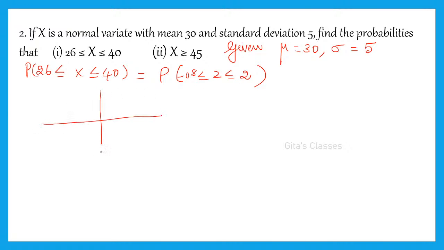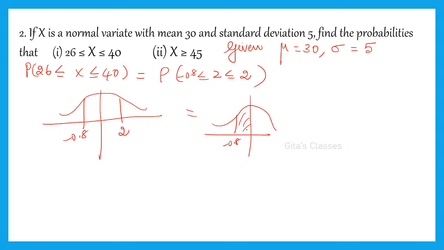So you have to draw the region like this. Minus means on the left hand side, right hand side is 2. Therefore this can be written as minus 0.8 to 0 plus 0 to 2.